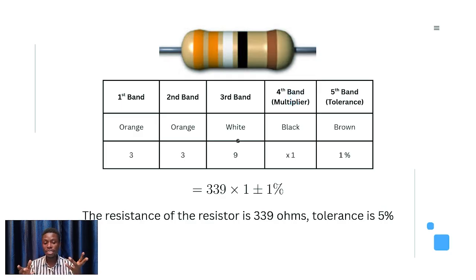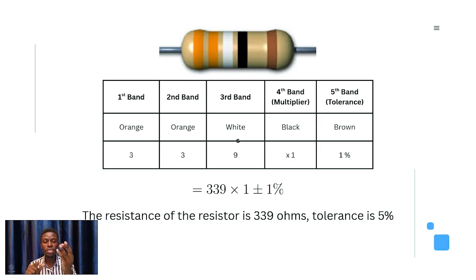If you don't get it for the multiplier, so that you won't have to go back to your table, I advise you always do that until you master it. But let me give you a cheat code. You remember the colors are 0, 1 like that. So the multiplier will be 10 raised to the power of the value of the band. So for black, you know the value of black is 0.